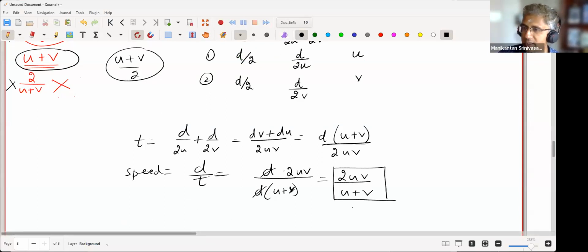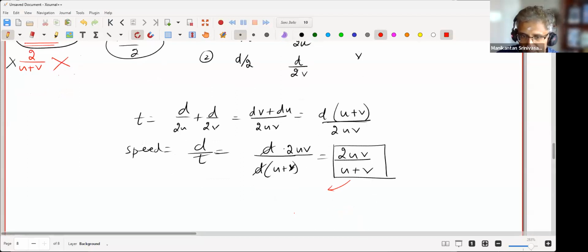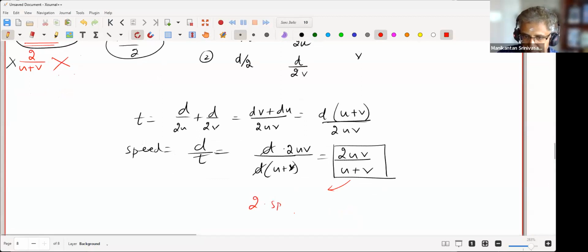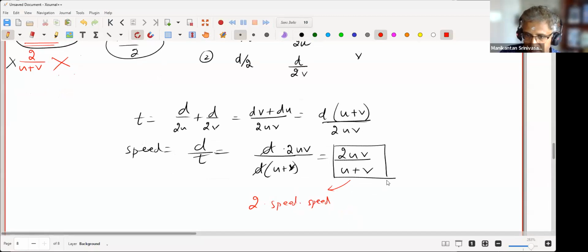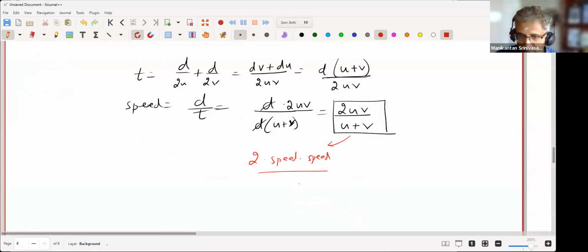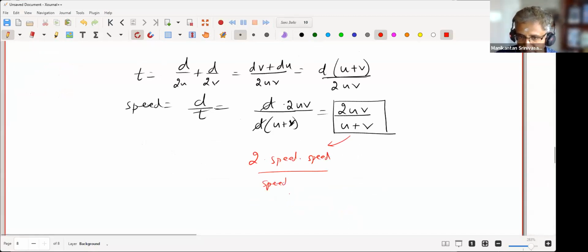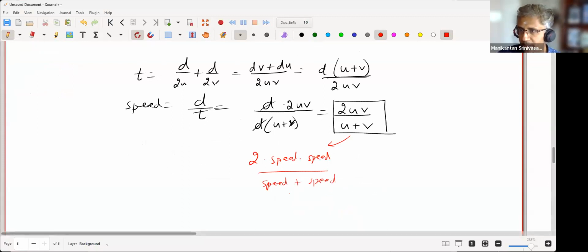But let's do the dimensional check that I always harp on. 2 is just a number. U is the speed. So this is 2 times speed times another speed, and then upon speed plus speed. What is speed plus speed? Another speed. When you add apples to apples, I get apples only.